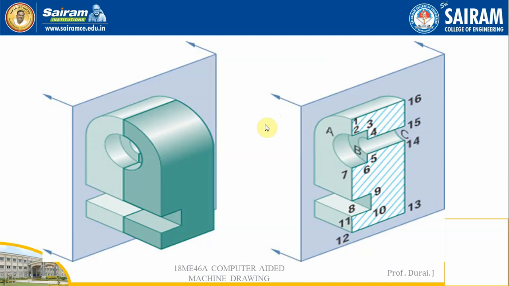So like this, any two views will be visible when the inclined cutting plane or section plane passes.